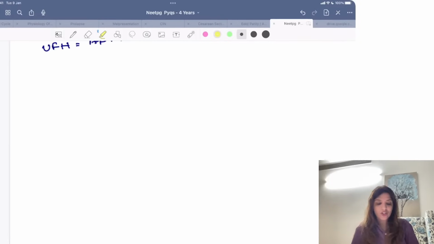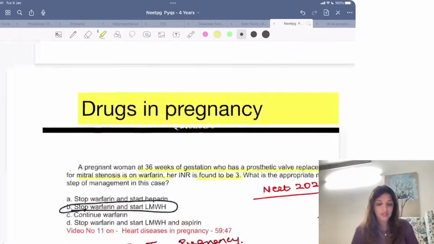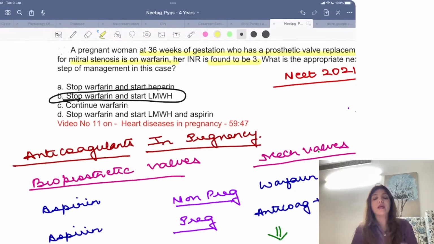Now in this question, why am I not choosing aspirin over here is because this patient should have been given aspirin from the beginning. In pregnancy, starting from the beginning, I should have given her aspirin and anticoagulant. At 36 weeks of pregnancy, suddenly I am not going to introduce aspirin. Are you understanding? Is this clear to you?